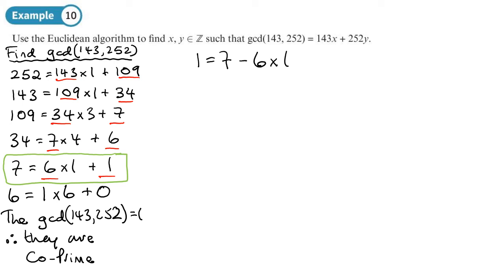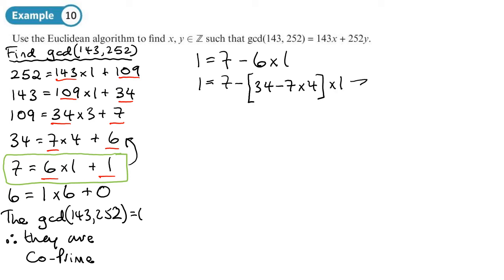We go to the previous line. 6 can be written, so 1 equals 7 minus, instead of 6, I write 34 minus 7 times 4, and that's going to be times by 1.